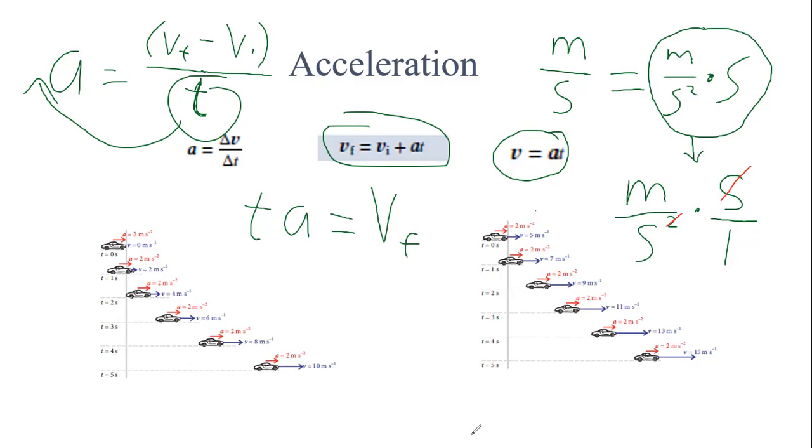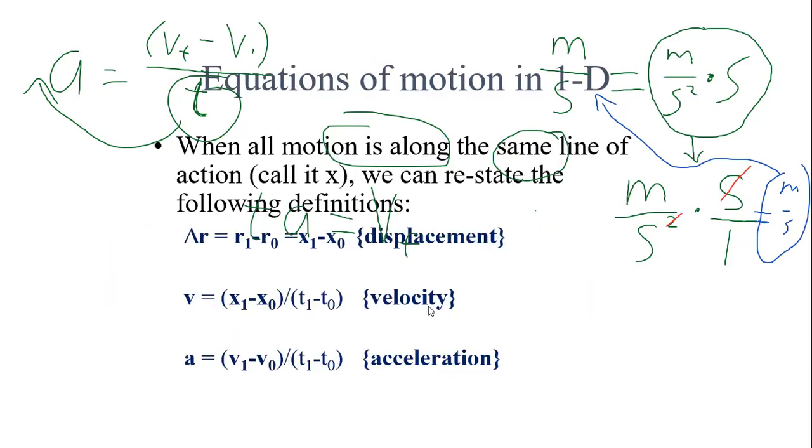And when that cancels out, we're just left with meters per second, which is the units of velocity. This is called dimensional analysis. You can always use dimensional analysis to check your answers, make sure they make sense.